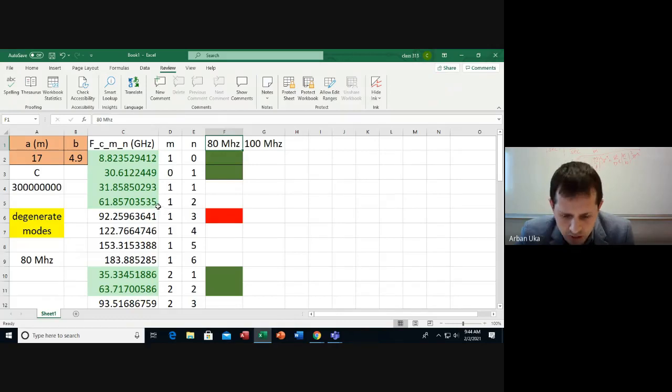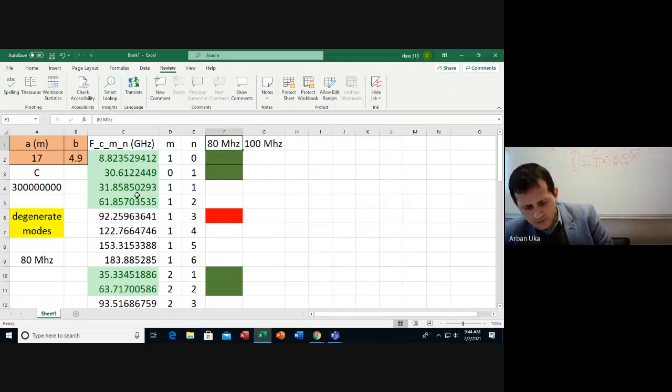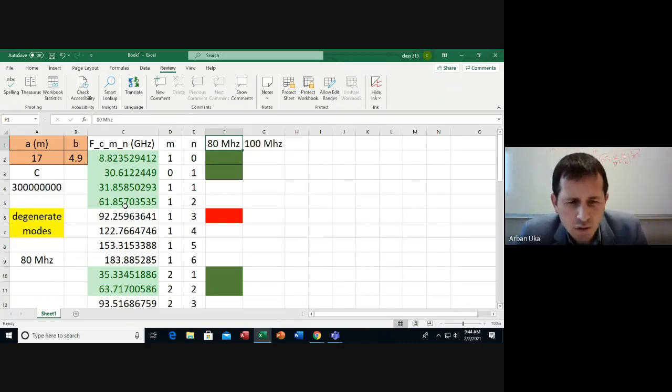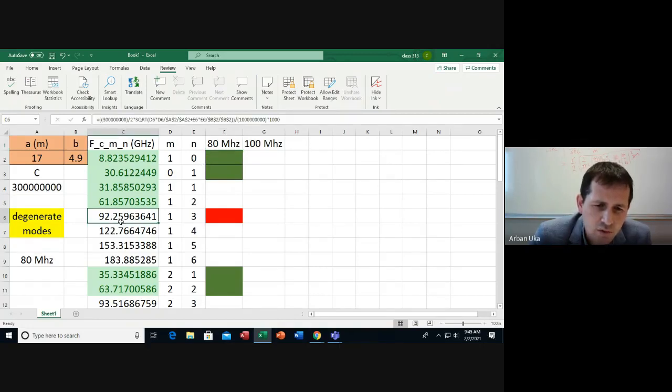But what is the smallest mode? So let's ask, what is the lowest order mode that does not propagate at 80? Okay, this is a good question, for example. So this one doesn't, but this is not the lowest order mode which does not propagate at 80, because we should be looking for numbers which are larger than 80, but that have the smallest difference with respect to 80.